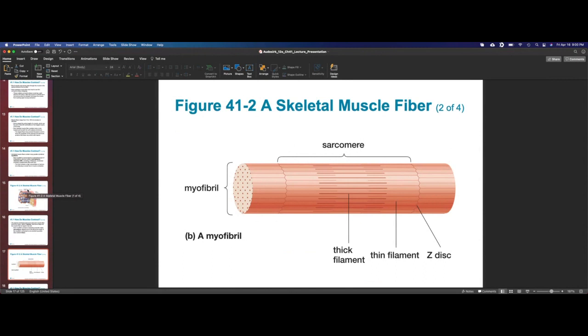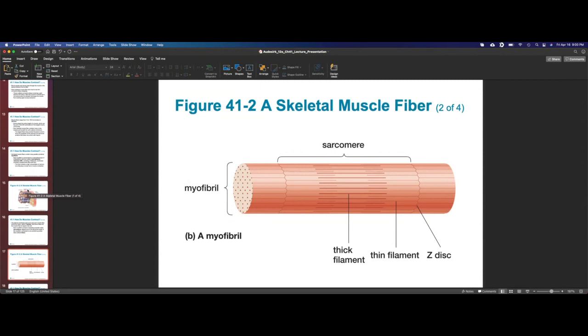So here we have a sarcomere, a functional contractile unit of a myofibril. These functional contractile units consist of a thick filament and a thin filament, which are going to slide across each other. These individual filaments don't change length, but they will slide past each other to effectively contract or relax.